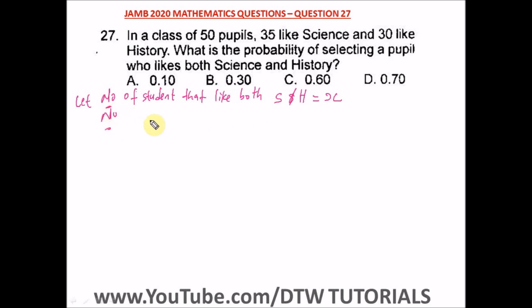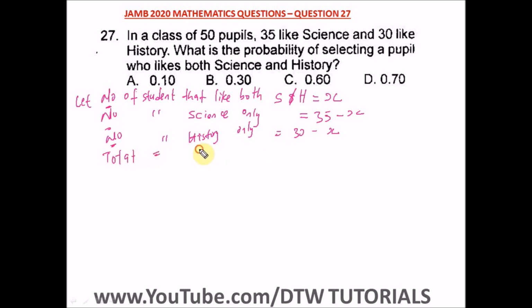And we're told the number of students that like science only is equal to 35 minus x. And the number of students that like history only is equal to 30 minus x. And we know that the total number of students is what?